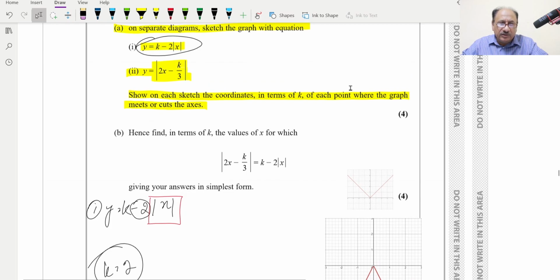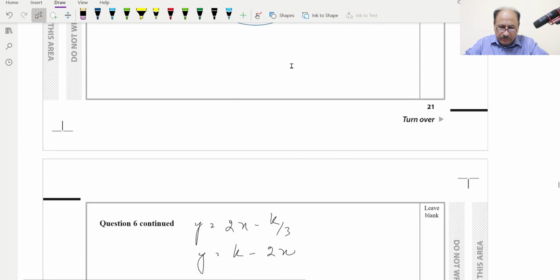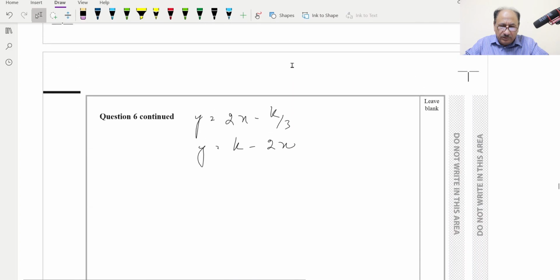So hence find, basically we are going to the b part now. Hence find in terms of k the values of this one, so we have to equate them and find the answer. When we equate them, this is basically the b part which we are doing. So we can write here, b part.